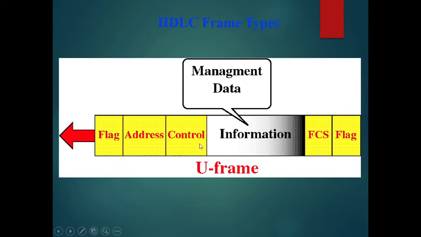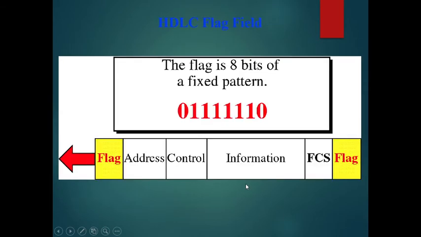Now we can see what each of these fields is. Considering the flag field, that is an 8-bit fixed pattern. This is going to be fixed in the case of the HDLC protocol. That is, whenever the receiver sees these bits, it has to understand that it is a flag, and only the remaining part is going to be the address field.